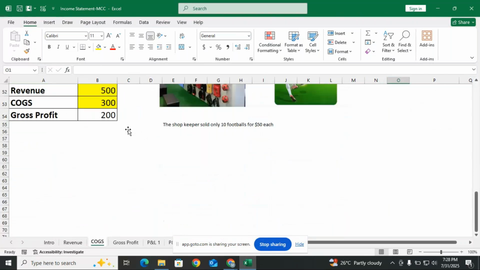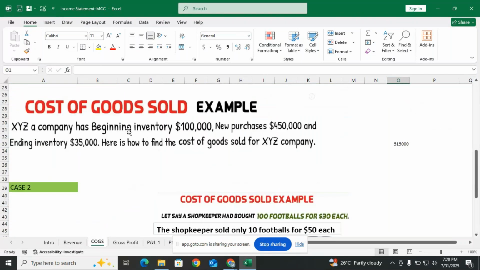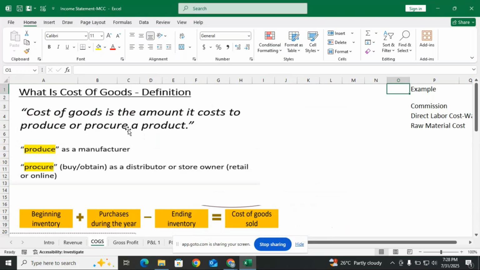Okay, so I'll just explain this in short. What is COGS? COGS is nothing but the amount which it costs to produce or procure a product. We say cost of production, cost of manufacturing, cost of providing a service. I incurred this much amount to provide a service or manufacture a product. My COP, cost of production, is defined as your cost of goods sold.